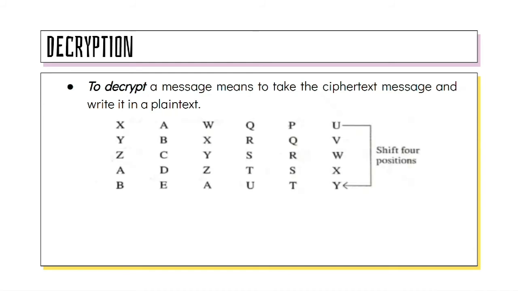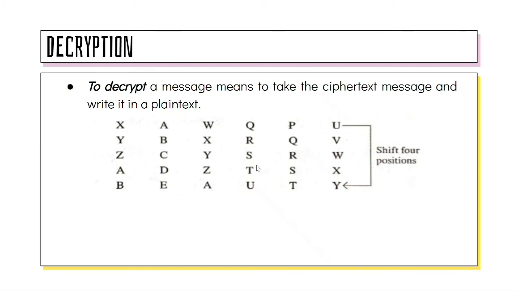If we are to use this message, XAWQPU, the process is to follow the previous letter. For this example, X is followed by Y, Z, and then it goes back to A, B. The process is the same with the other letters: A, B, C, D, E, W, X, Y, Z. After Z, we can use the letter A again.